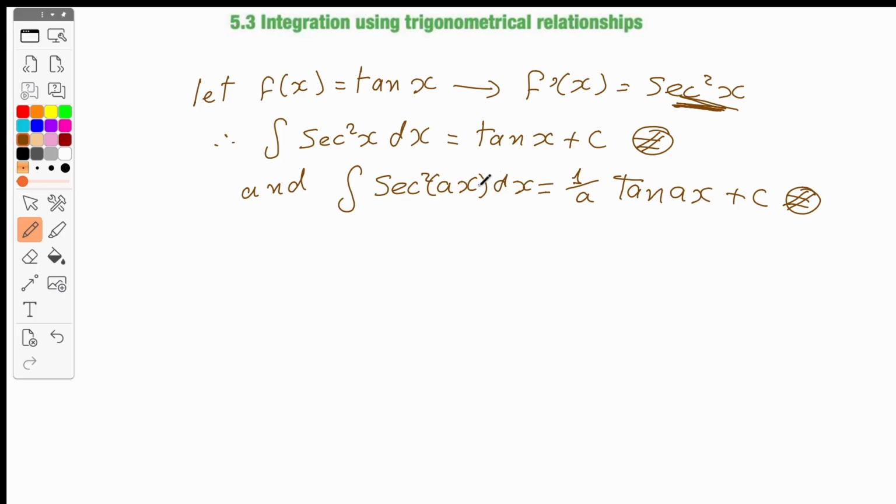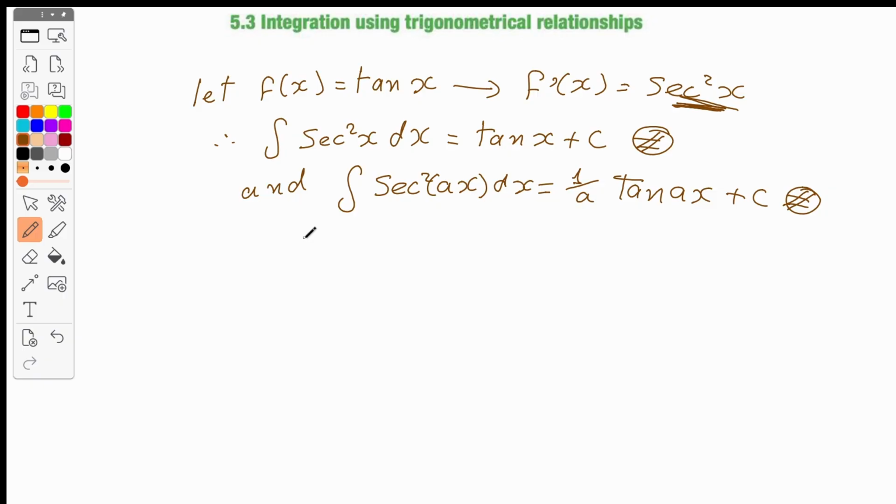Notice the difference between this and this. Here it is just 1x, the coefficient of x is just 1. But if the coefficient is a, you have to divide by that a. So you say 1 over a tan ax plus c, or it could be written as tan ax over a, plus c.